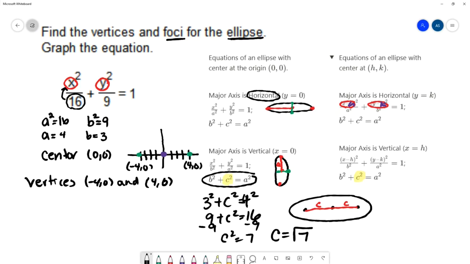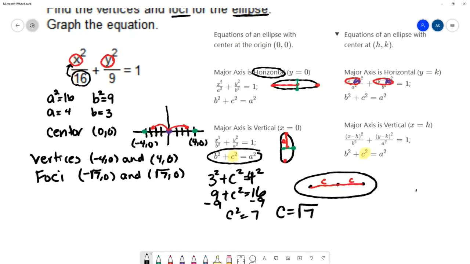So my foci are going to be square root of 7 to the left and square root of 7 to the right of the center. So that would be negative square root of 7 comma 0 and square root of 7 comma 0 for the foci.